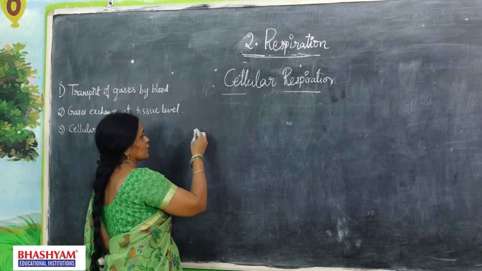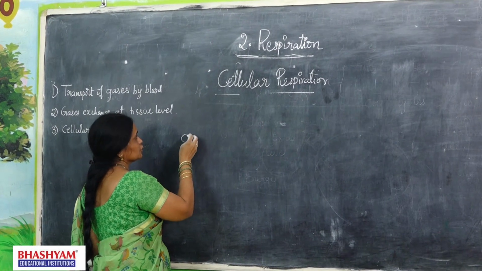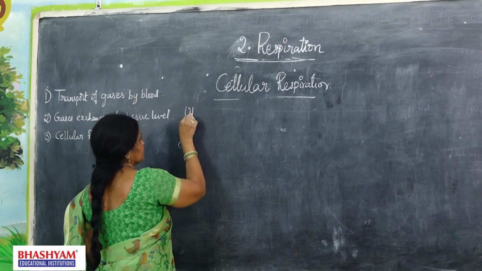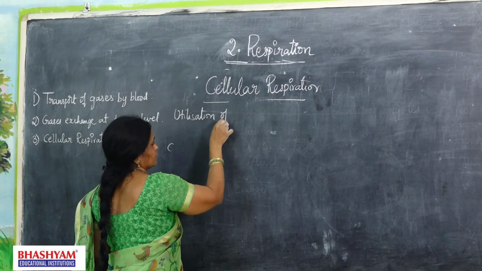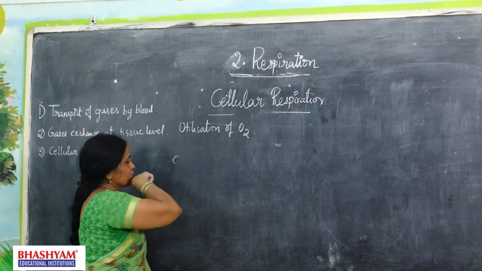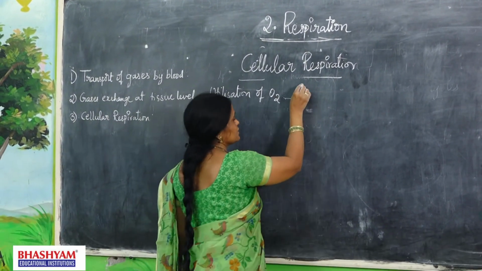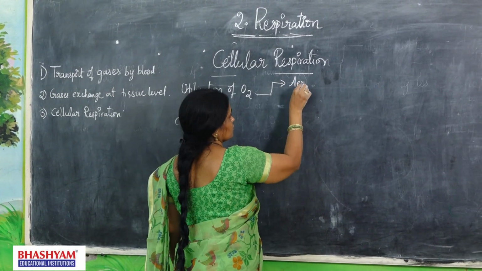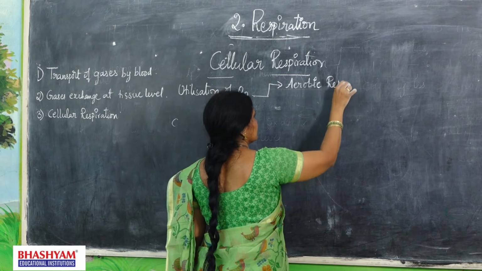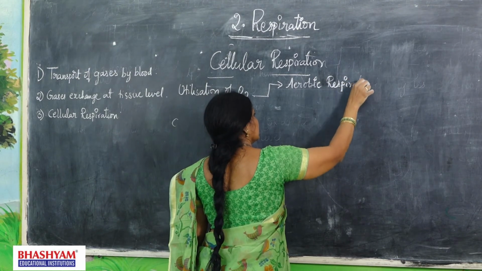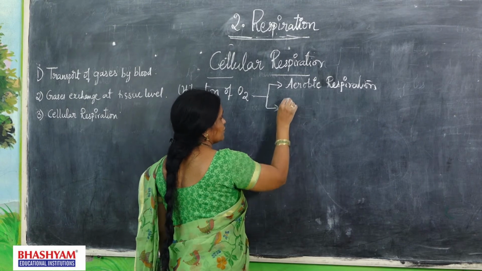The process of cellular respiration, depending on utilization of oxygen, is divided into two types. One is aerobic respiration and the second one is anaerobic respiration.